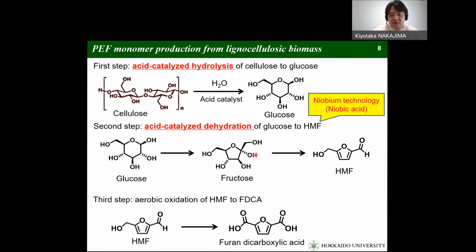Finally, aerobic oxidation of this HMF produces furan dicarboxylic acid. This process mainly contains three important elementary steps, and two of them are related to acid-catalyzed reactions. In the latter part of my talk, I will introduce niobium technology for the acid-catalyzed dehydration of glucose to HMF. This is the bottleneck issue in the entire process.